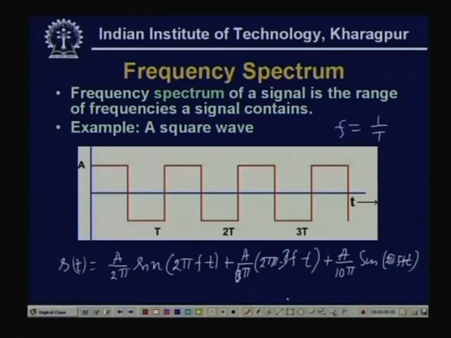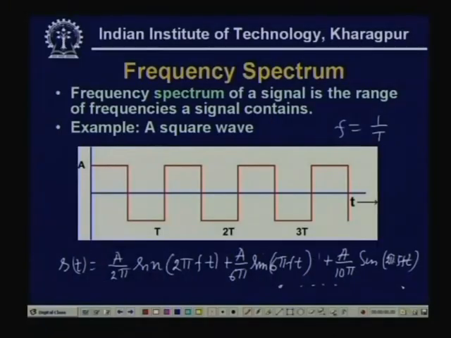Sorry, I forgot to write this expression properly. So, here actually it will be A by 6 pi sine 6 pi f t. In this way it will have all the frequency components, say frequency components of 3 f, 5 f, 7 f, 9 f and so on.